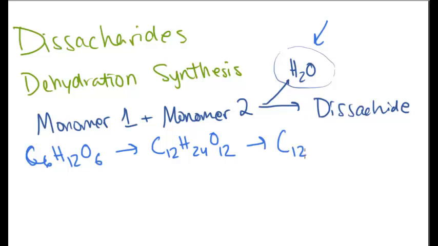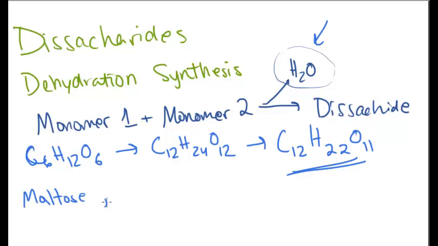So you end up having C12H22O11. And that's the chemical formula for all disaccharides. Some examples of disaccharides include maltose, lactose, and sucrose.